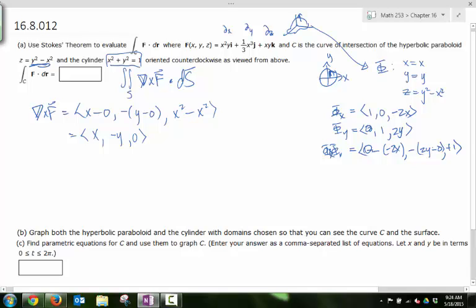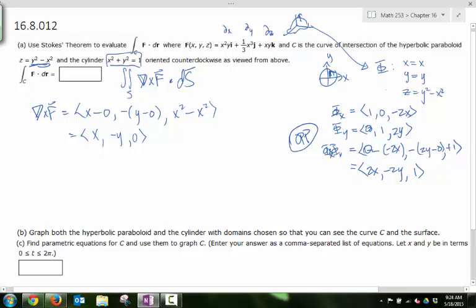The fact that it's positive means we have the correct orientation. Let's call this OPP, orientation preserving parameterization, and it might be better to rewrite this a little neater. This would be a positive 2x, negative 2y, and a positive 1.